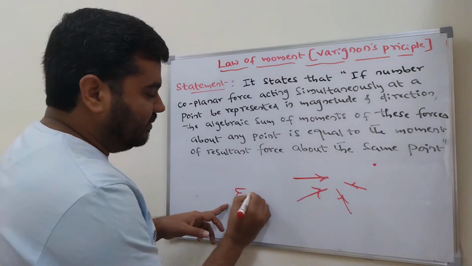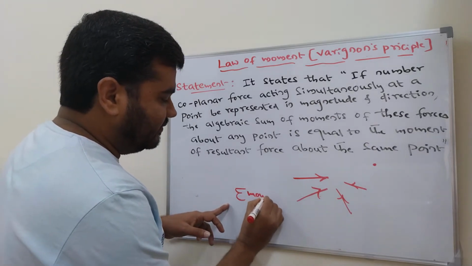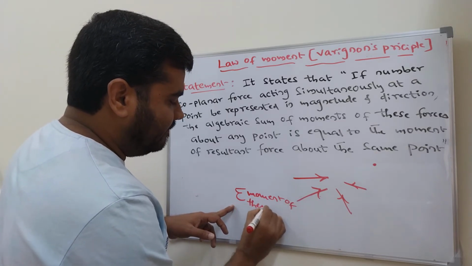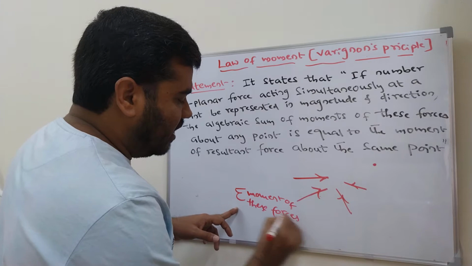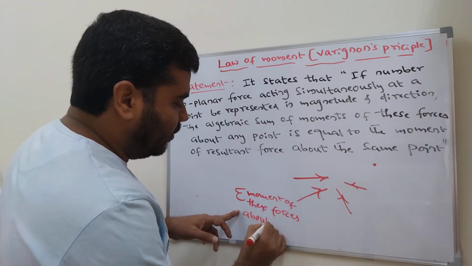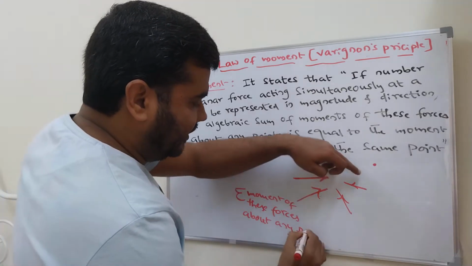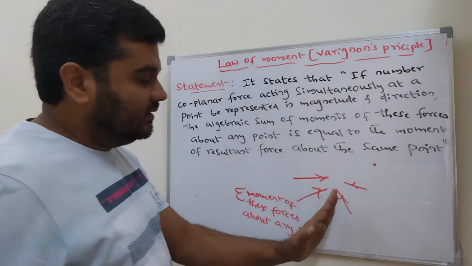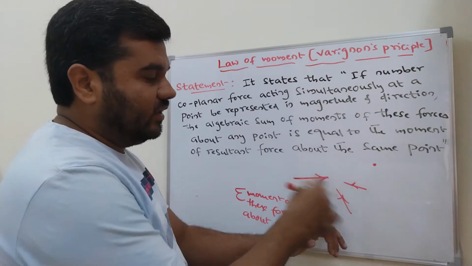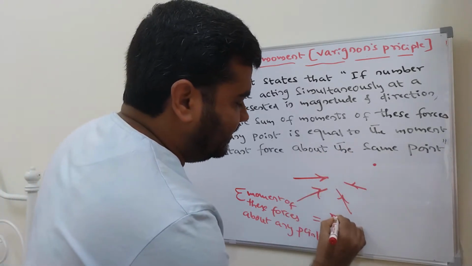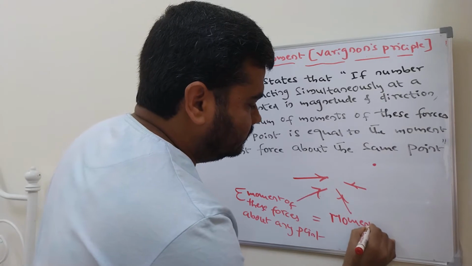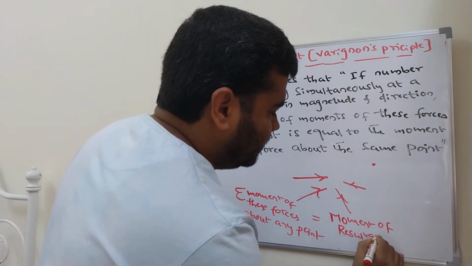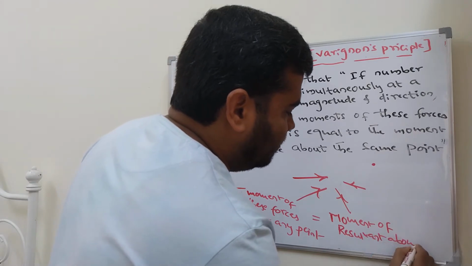That is the algebraic sum of the moments of these forces about any point, which is equal to the moment of the resultant about the same point.